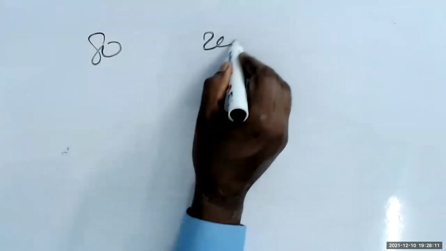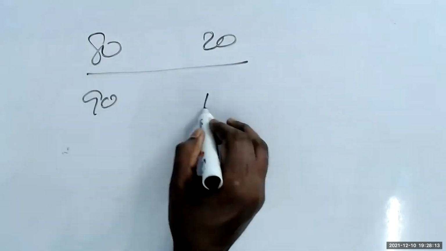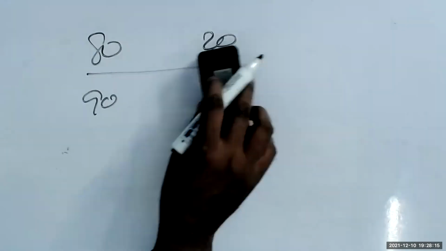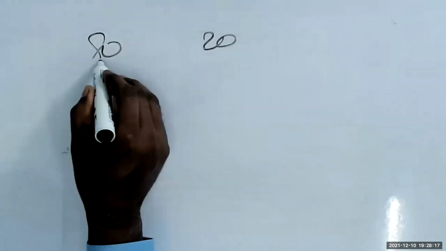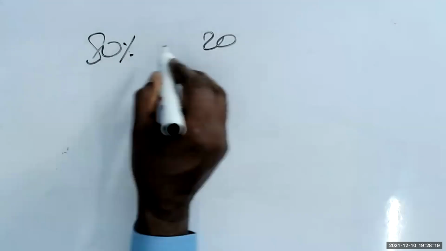Please understand certain rules of the industry. That is called 80-20 or 90-10. Let us go through the 80-20 rule. I think most of you know about the 80-20 rule, 80%, 20%.